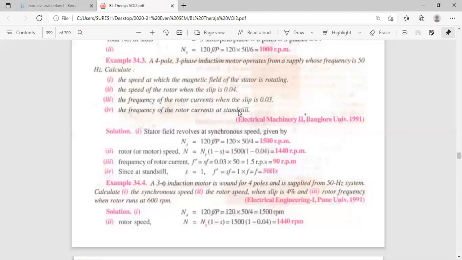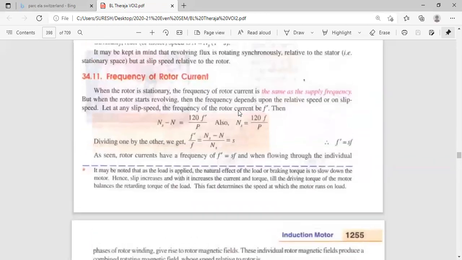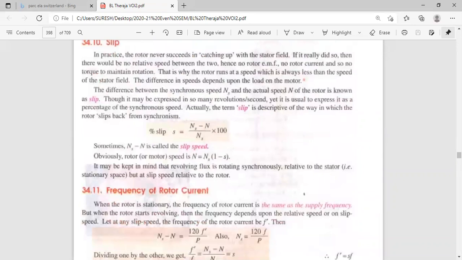Write down the note. Standstill means rotor is not running. If rotor is not running, what is the actual speed of the rotor N? What is the value of N if rotor is not running?